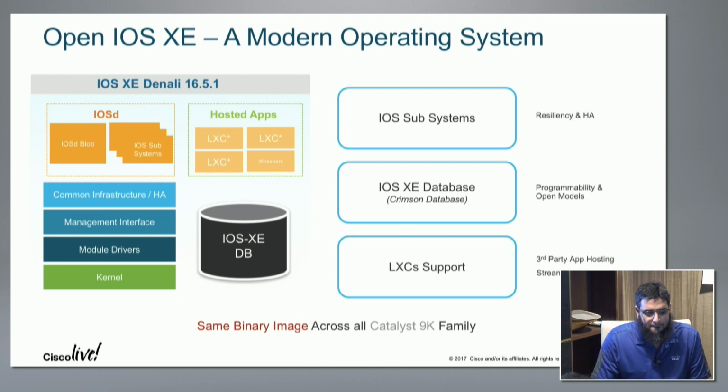Okay. And how much of what you're showing up there is unique to Denali as opposed to just IOS XE in general? So we started this with Denali in 16.1, and it is the same architecture that we brought in Denali. We are just calling it Open IOS XE, a slightly different name, but it's basically the same architecture.